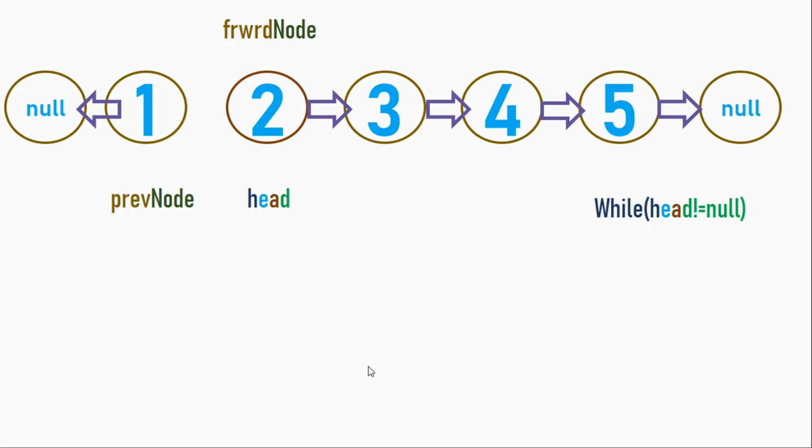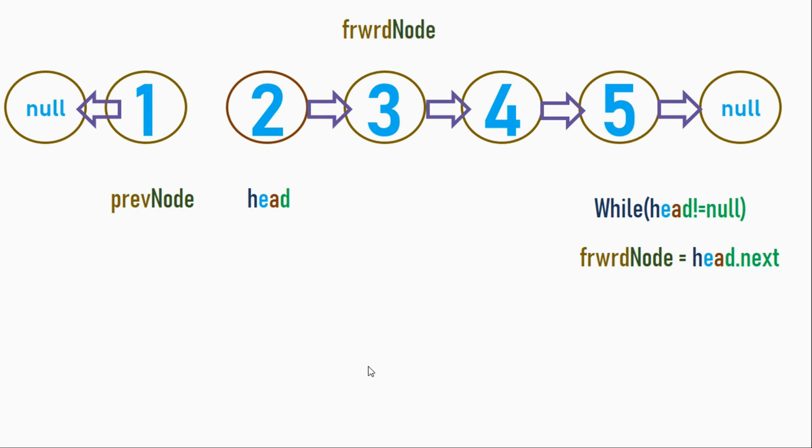Again I will check head is not null. So I will move my forward node to head next node. That means now my forward node is 3. Next I will set head next will point to previous node. So head node 2 will point to previous node 1.